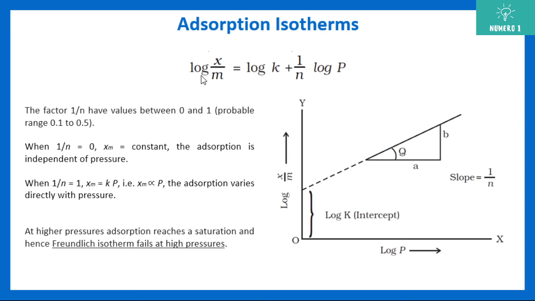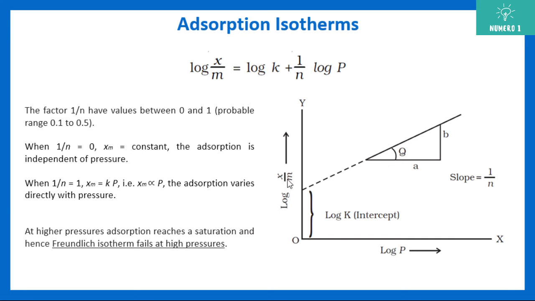If you want to plot a graph, let's say y is equal to mx plus c. I take log of x by m as y, 1 by n will be my slope m, log p is x, plus c. So y equals mx plus c is basically a straight line.